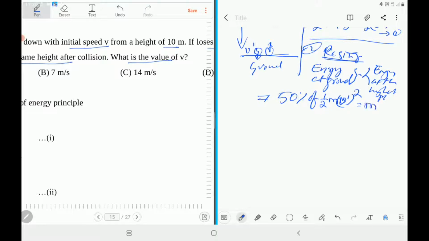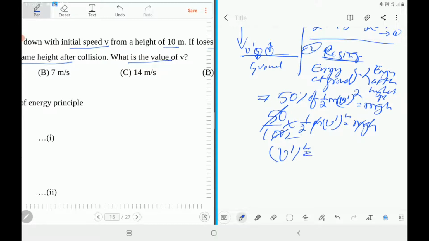What is the potential energy? m g h only. So how do you write 50%? 50 by 100 into half m v dash squared equals m g h. I can remove m here. So we write 1 by 2 times 1 by 2. If I write v dash squared separately, 2 twos are 4, so if I send that 4 to the right side, v dash squared equals 4 g h. I will call it equation 2.